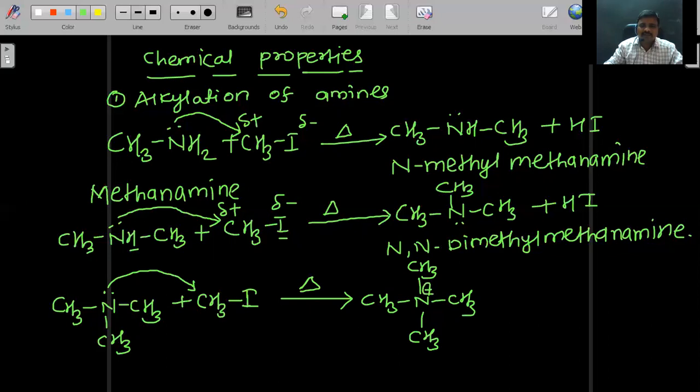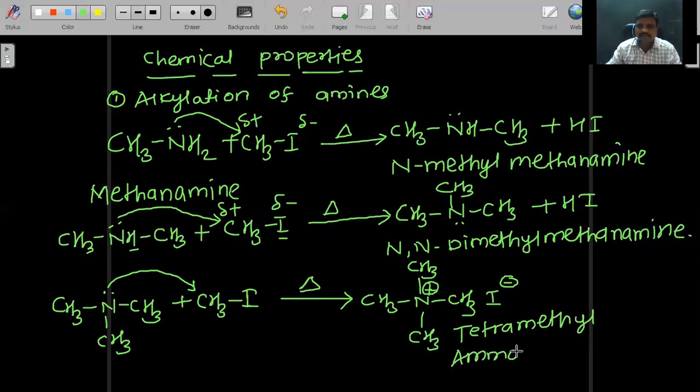So nitrogen carries a positive charge, and in the vicinity of that positive charge the iodine atom is situated. This is known as tetramethyl ammonium iodide.